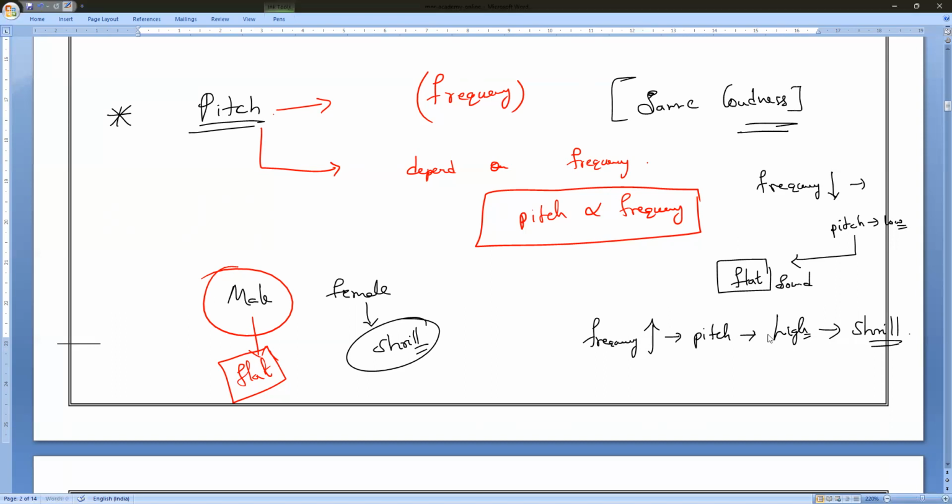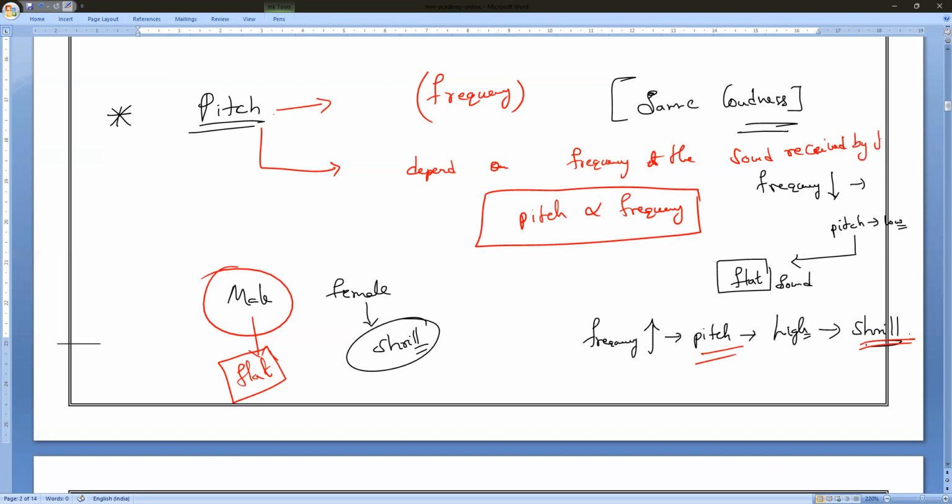Their frequencies are not the same, so their pitch is also not the same. So this is what we call pitch. The pitch is the frequency of the sound received by the human ear. It depends on the frequency of the sound which is received by what?